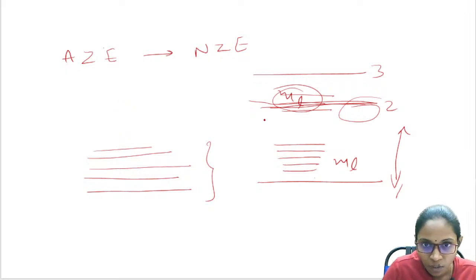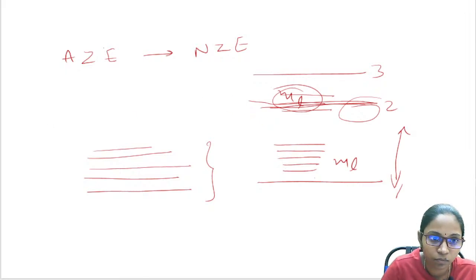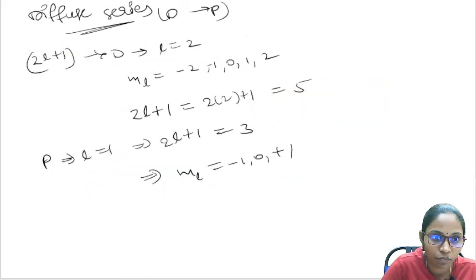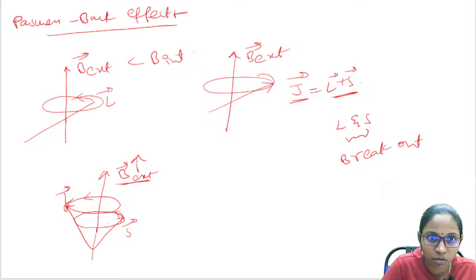Why? Because here, just a minute, Paschen Back effect. So here what is happening, both L and S are precessing separately.